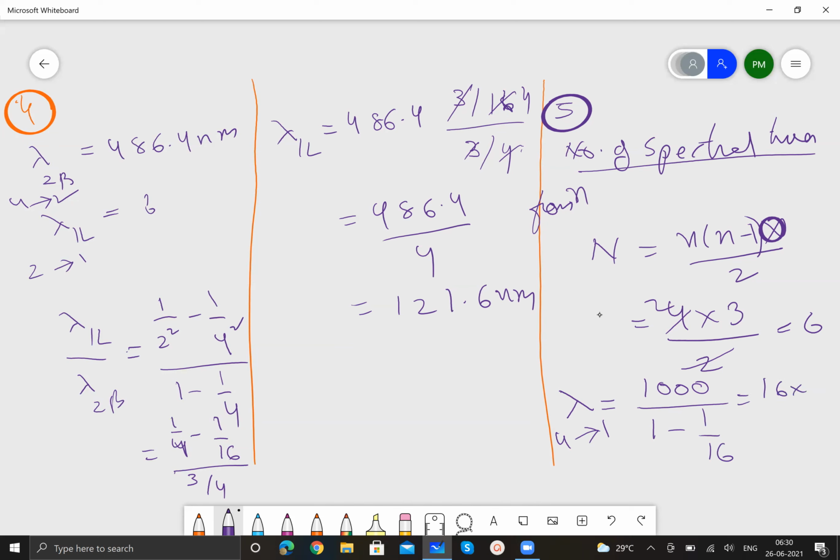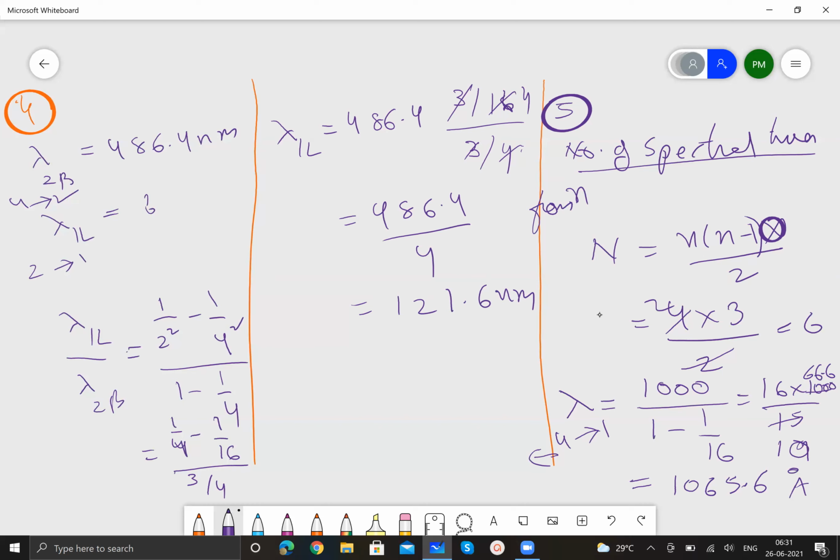So it is 16 into 1000 by 15, which is 66.6 times 16, so it is 1065.6 angstrom units. Sometimes they may ask you even the region.